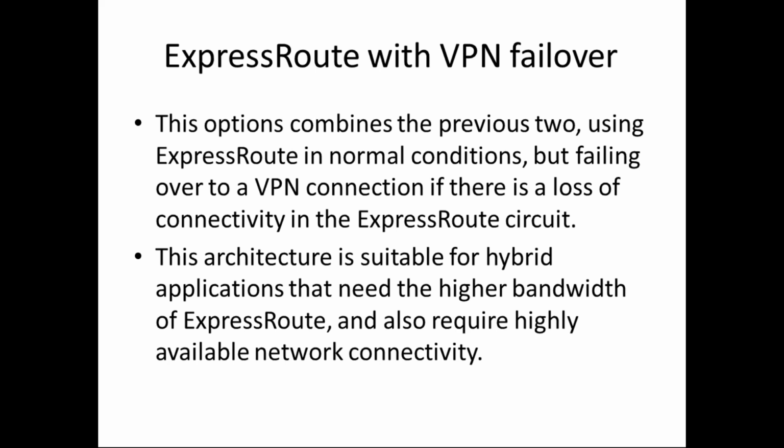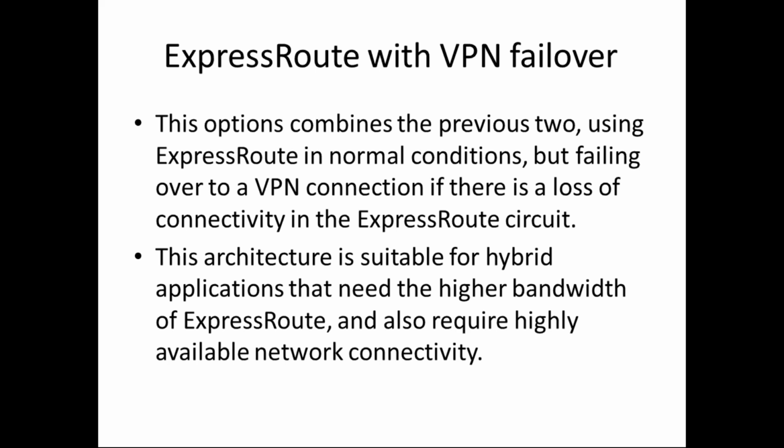Now the question is, you have an ExpressRoute connection from your on-premises to the cloud, and what if ExpressRoute fails? You want to have redundant connections. ExpressRoute may fail, so you go for a site-to-site connection plus ExpressRoute. That option combines both of these.